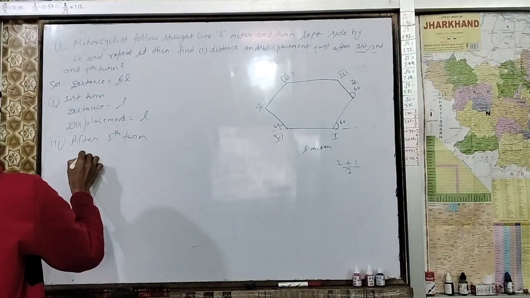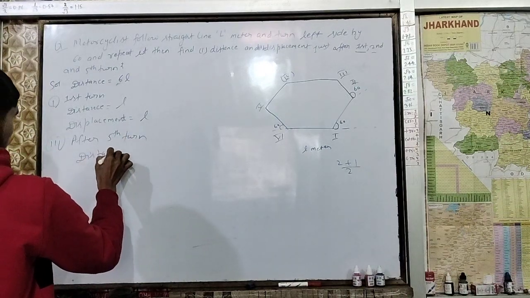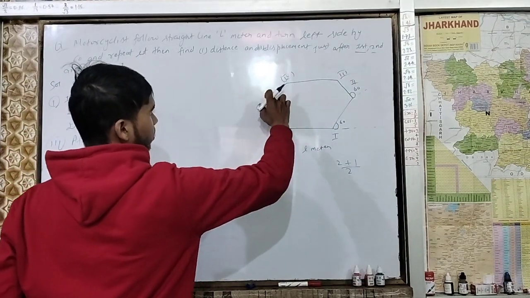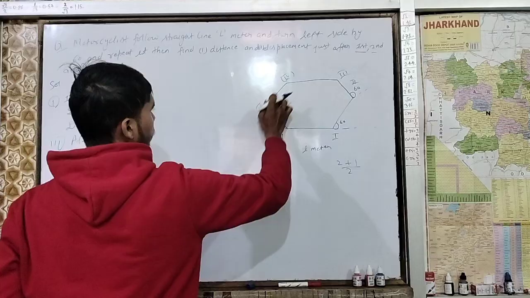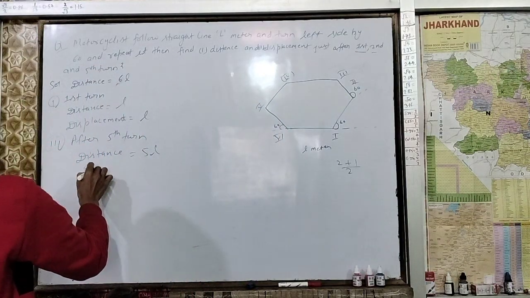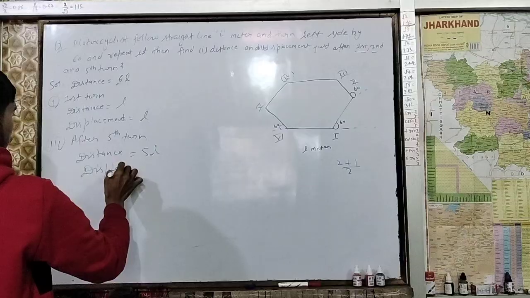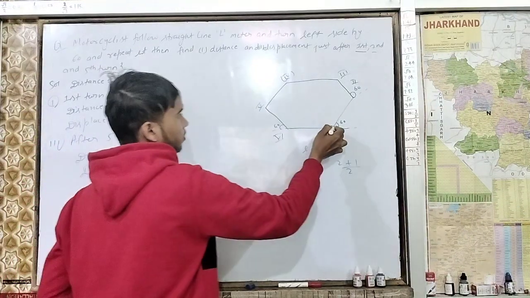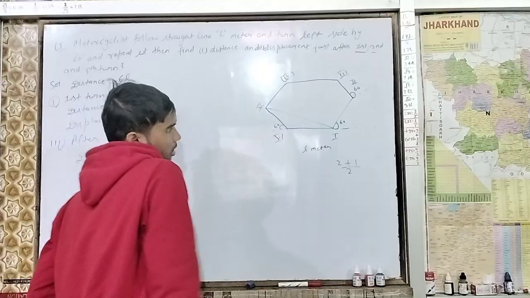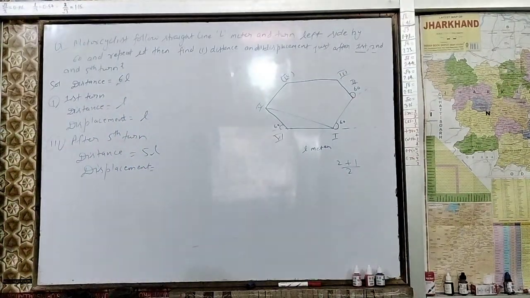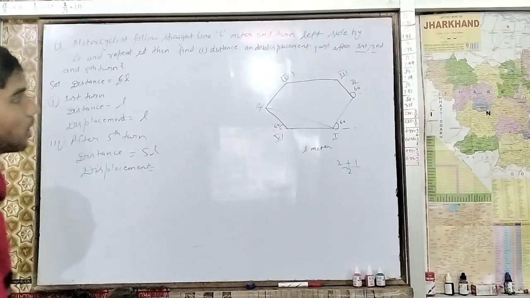After the fifth turn, of course, the distance will be 5L, counting 1, 2, 3, 4, 5. And the displacement will be from here to till here, like this. Again, theta is how much?